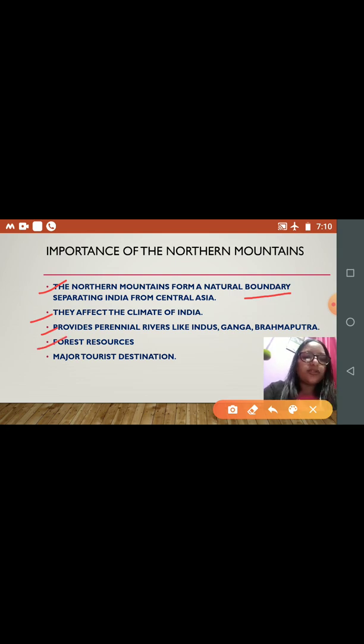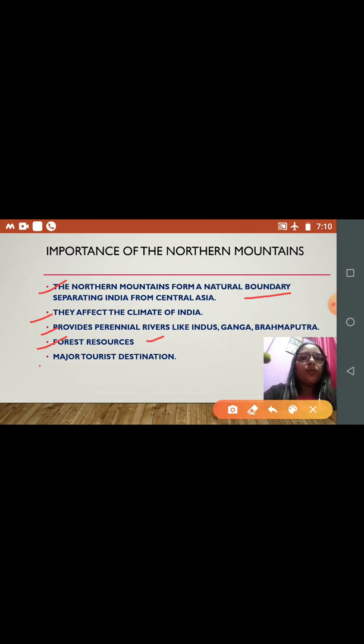Then the forest resource. The forest slopes of these mountains are a storehouse of timber and a variety of medicinal herbs. They are also home to many wild animals, so it makes our forest resource very resourceful.